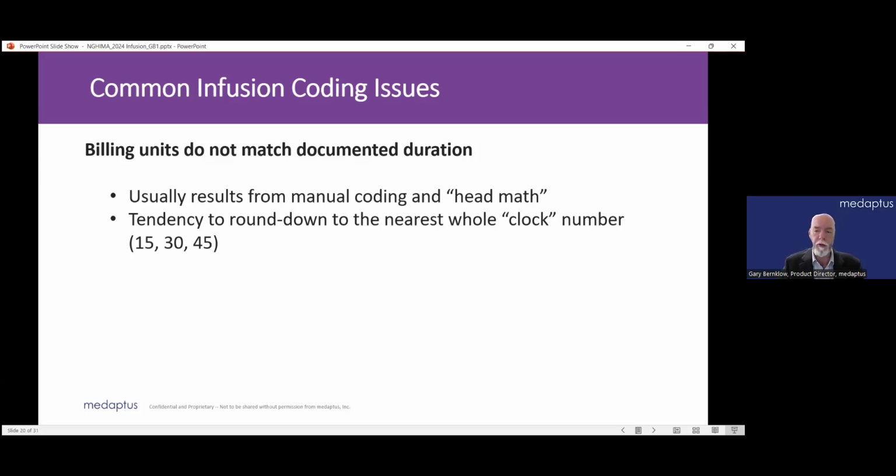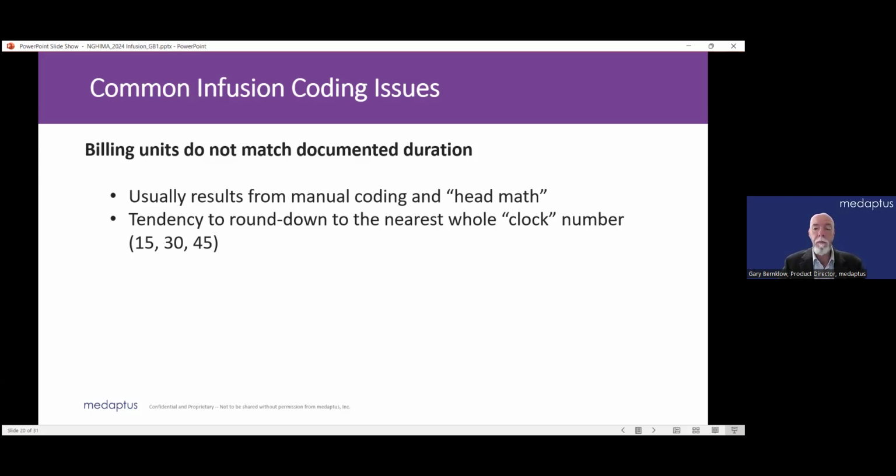homegrown EHR system. So there were no values in the fields in the EHR for a start and stop time, but start and stop times were documented. I asked the nurses specifically as they were checking off boxes, and they were invariably checking off the correct initial service in most cases.